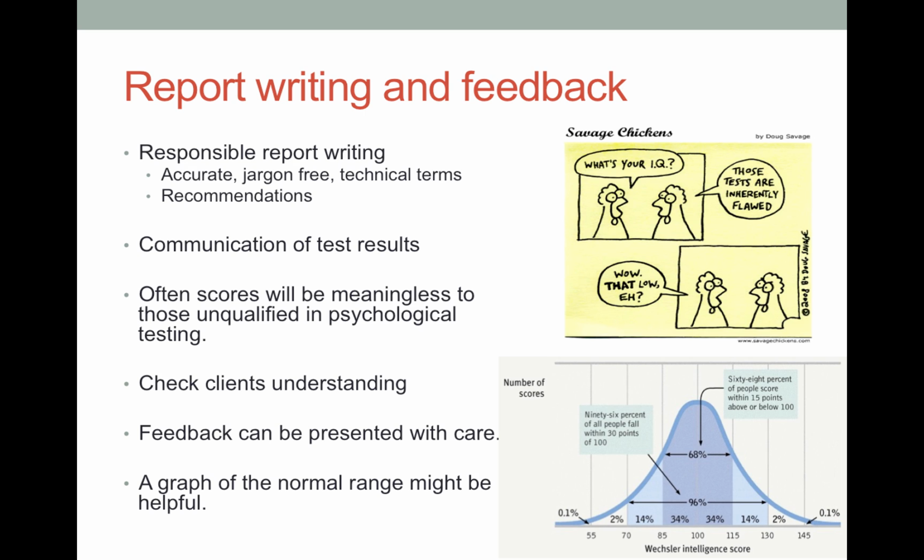For example, you might say, overall you obtained a score of 91 on the full scale IQ, which is within the average range and above that of approximately 27 out of 100 individuals. This will be quite different than saying you scored lower than average, which is 100. A graph of the normal range might also be helpful. If the test hasn't been well standardised, then you'll not have a representative sample to compare against.